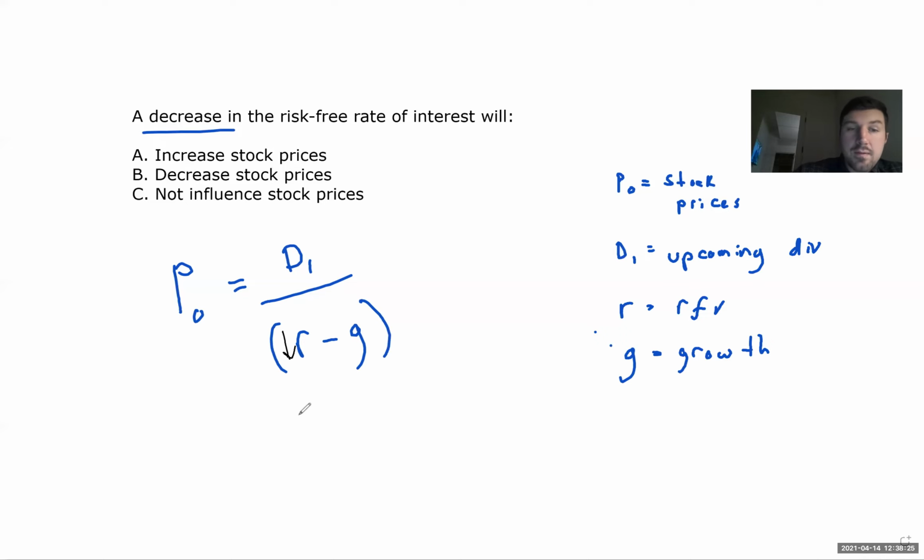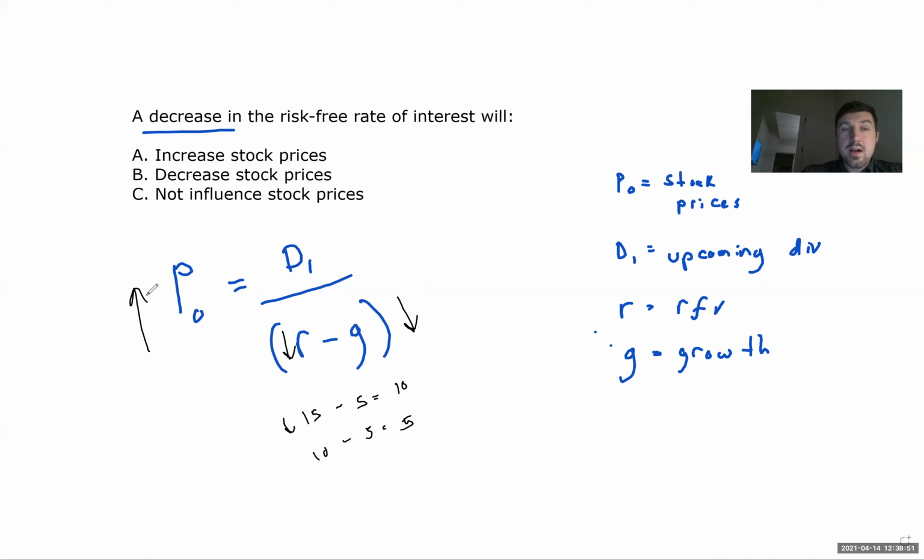So say we have 15 minus a growth rate of 5, and we shrink this to 10 minus 5. You can see that this is 10, this is 5. We're making our denominator smaller. As the denominator gets smaller, that's another way of making the quotient go up.